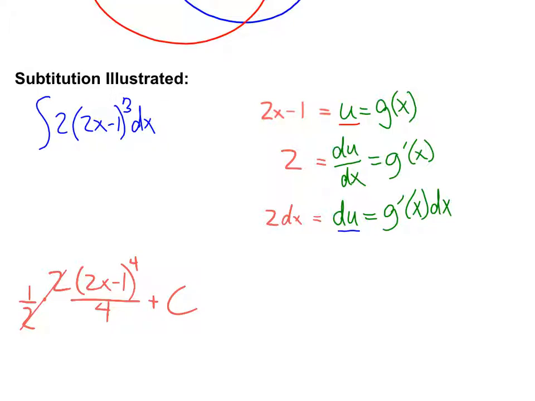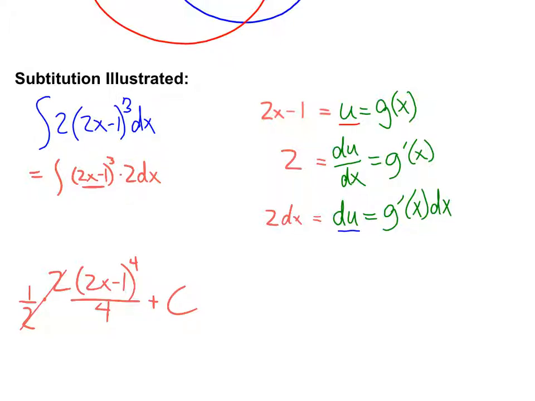So at this point, notice what we can do. If I go back here, I'm going to rewrite this a little bit as 2x minus 1 cubed times 2 dx. Now the reason why I did that is because notice this 2x minus 1 is the u, right?